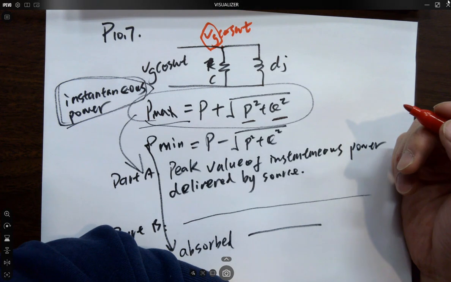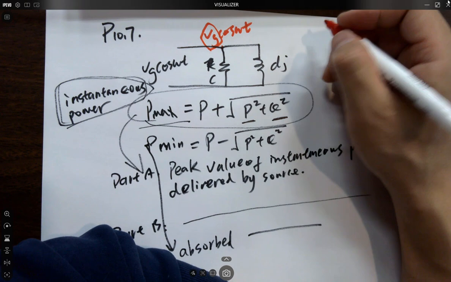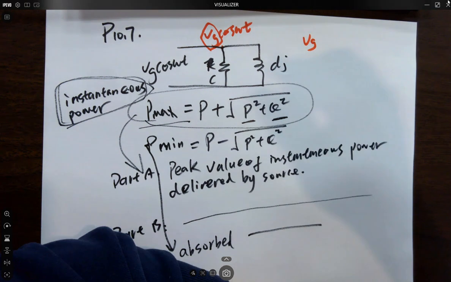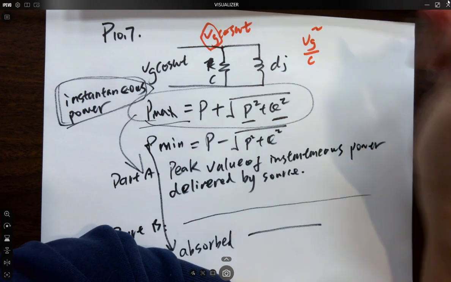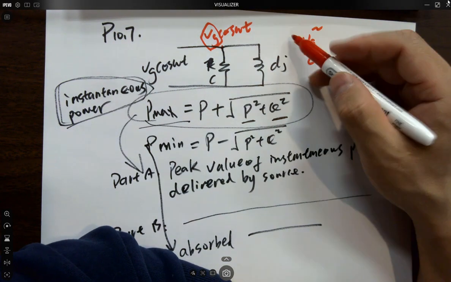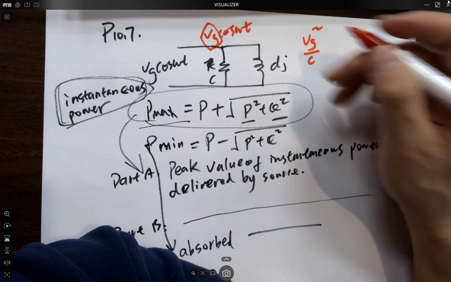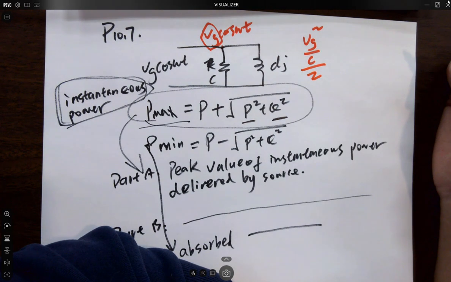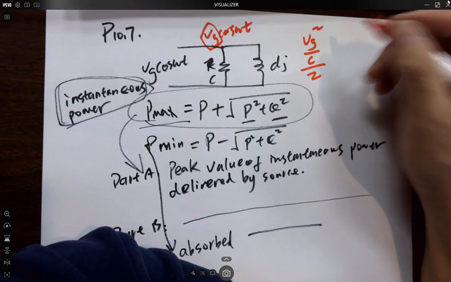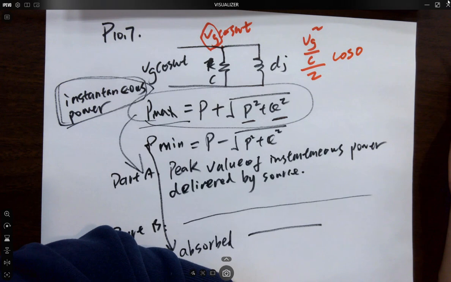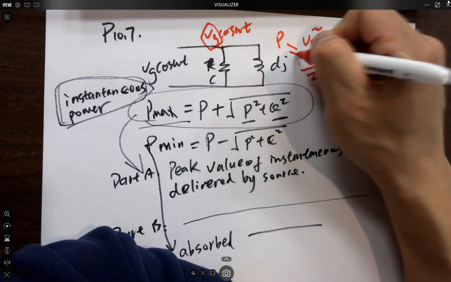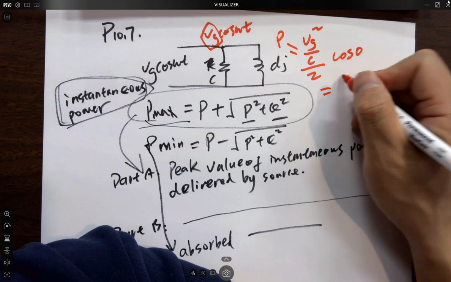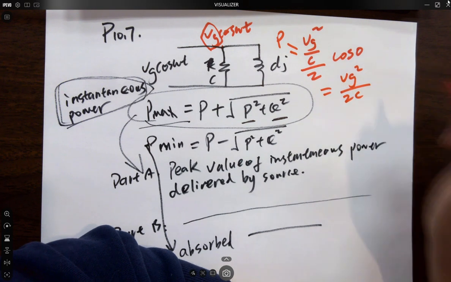What's Im? It's Vg over the resistor, right? Average power is Vm times Im divided by 2. What's the cosine theta for a resistor? 1. So for average power, P equals Vg squared over 2R. Very simple.